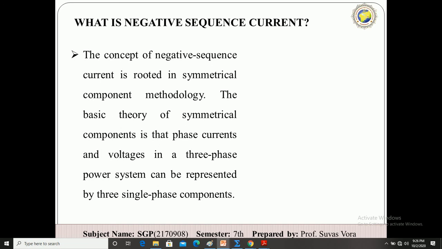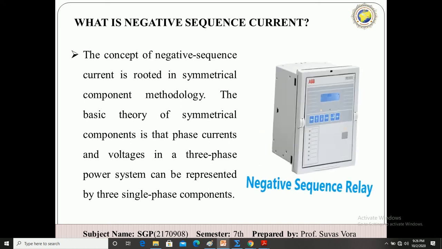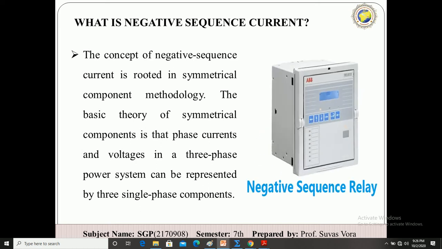Now the individual phases are connected with the CTs, and the CTs are connected with the negative relay. The negative sequence voltage relay senses the continuous voltage of the system. When one of the phases is removed from the system, at that time the negative phase sequence relay senses it and opens the circuit breakers.